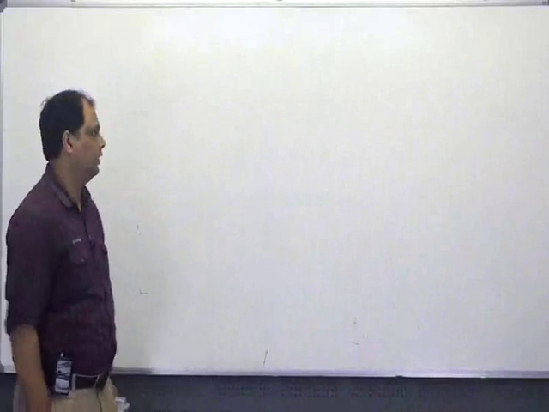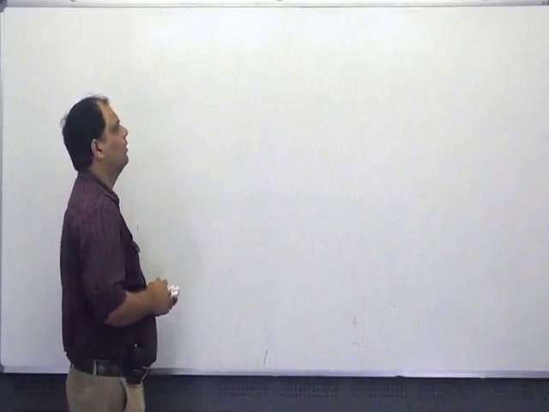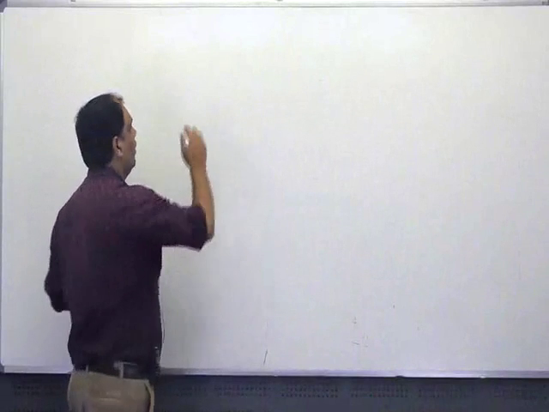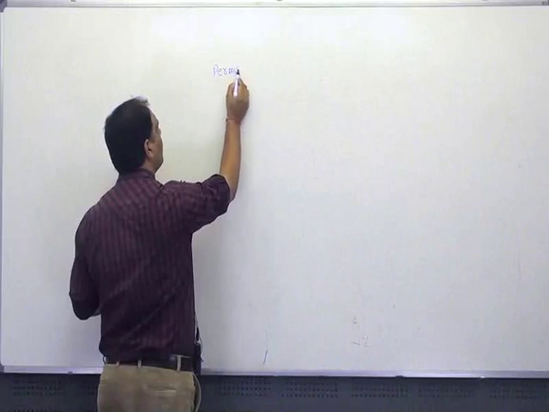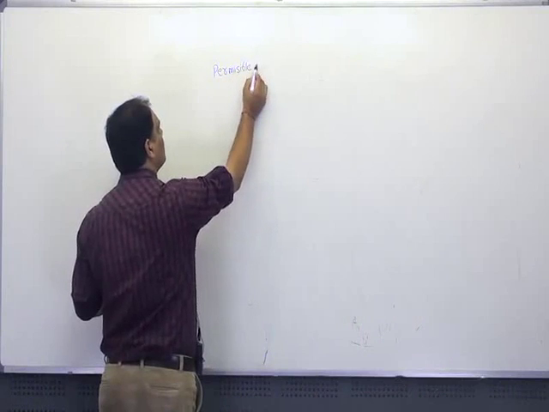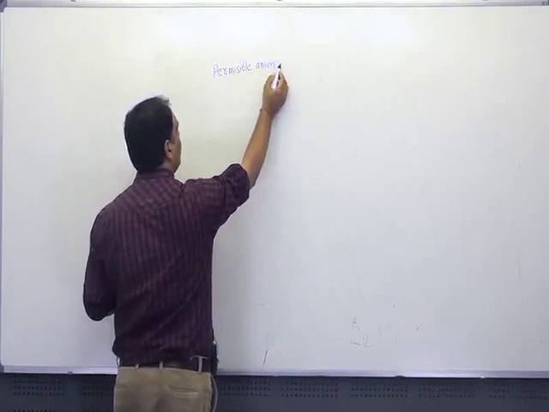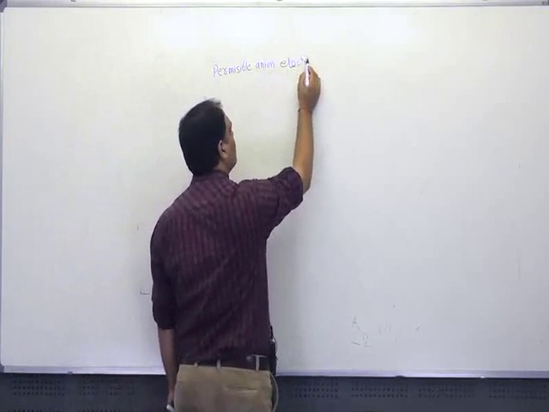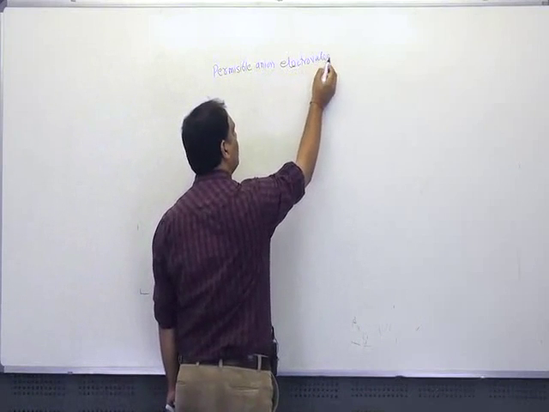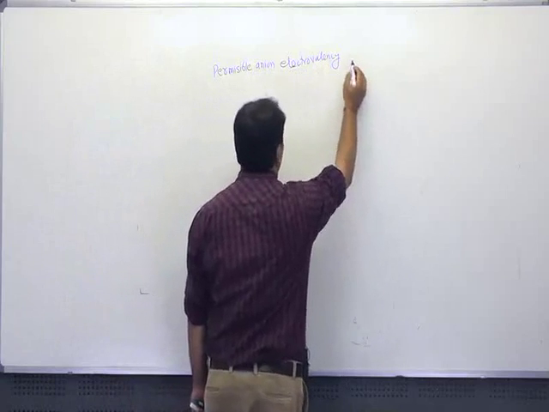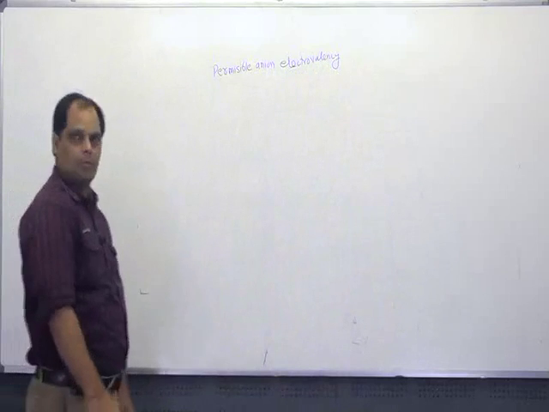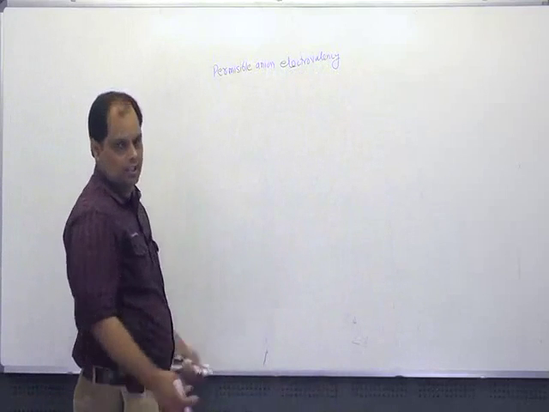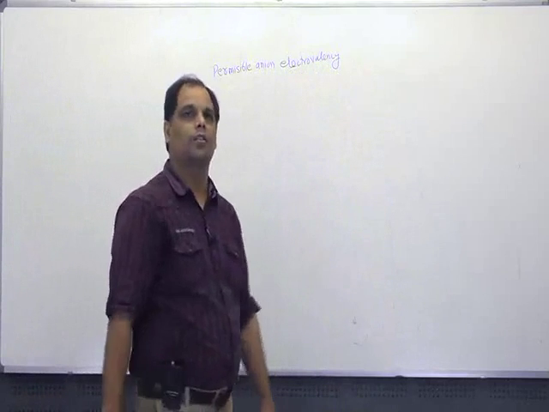So anions are generally formed by non-metals because they are electronegative and they have a tendency to gain electrons.